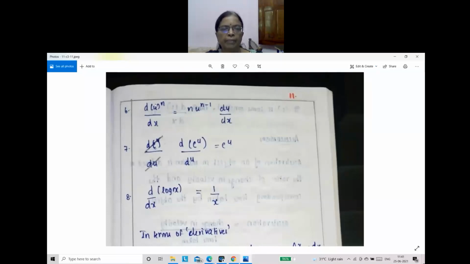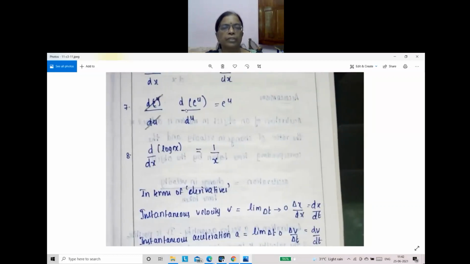But as u and x are different functions, we have to differentiate that function u one more time and multiply by du by dx. At that time we do not write n again, only du by dx.